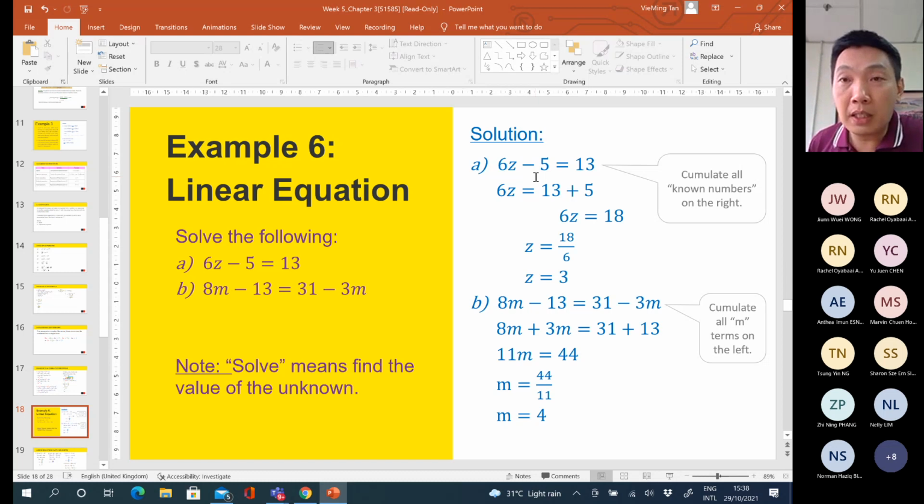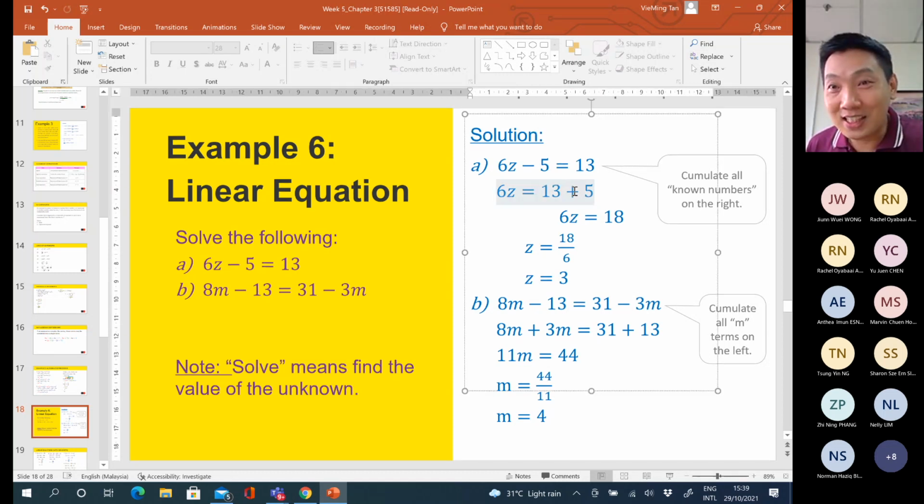So if negative 5 moves to the right-hand side, it becomes plus 5. It's not divided by 5, it's not multiplied by 5. Why? Because the original relationship between z and 5 is a subtract relationship. Do you know why it's plus 5? Why not divided by 5? Why not multiplied by 5?